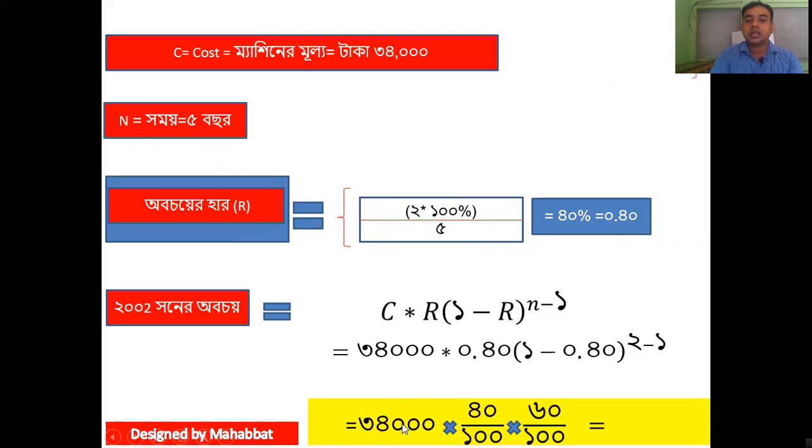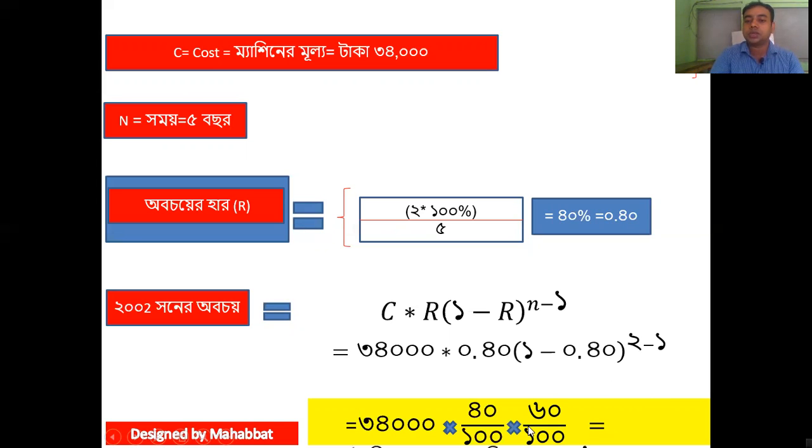That means 34,000 into 40 divided by 100 into 1 minus 40, that means 60 divided by 100, and to the power 1 means the same figure.